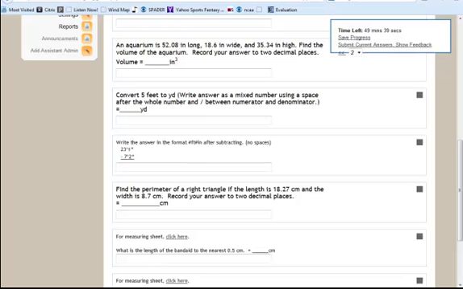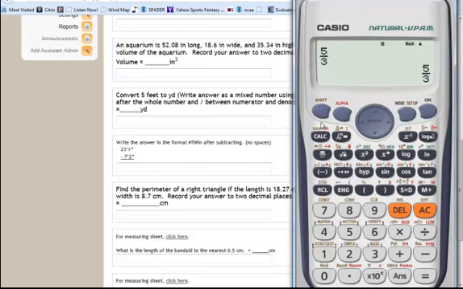Next one, another subtracting problem. So use the shift mixed fraction 23 and 1/12, because there's 12 inches in a foot. Subtract shift mixed number 7 and 2/12, and make sure you change that into a mixed number.